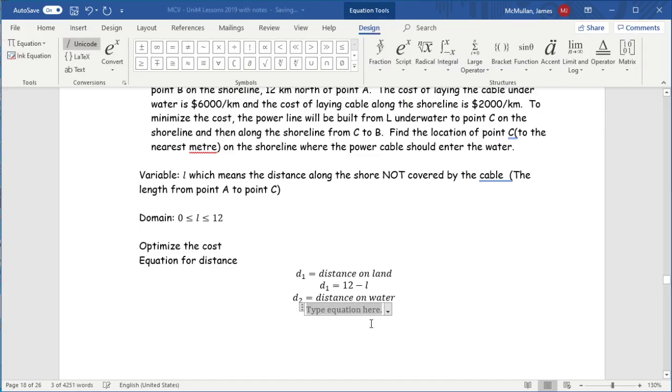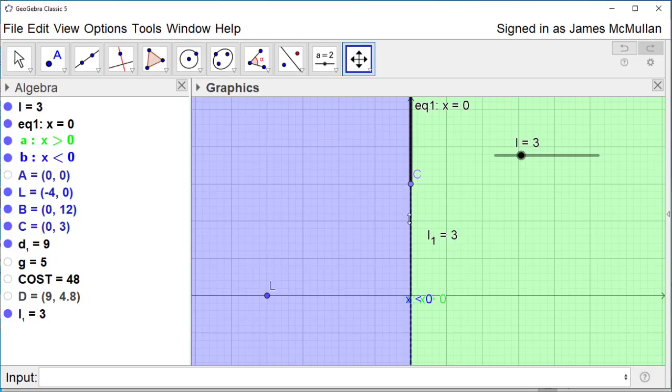So D2, right, what I know is that D2 squared is equal to 4 squared plus L squared, right? I know that because, again, L is this vertical height, 4 is the distance away in the water, and the distance from C to L is the distance I'm looking for, right?